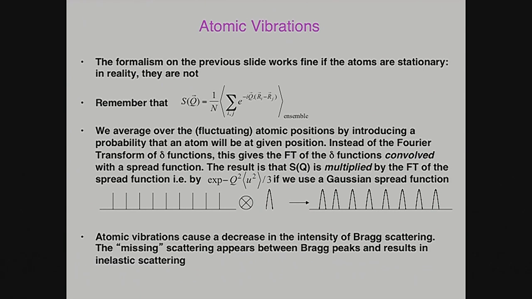And so I've got now a Fourier transform of a convolution, and that, of course, gives me a product of two Fourier transforms.